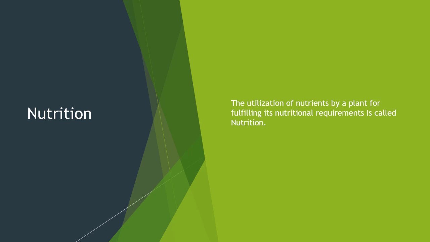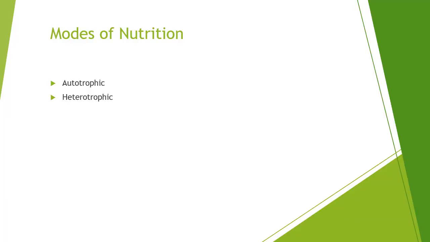So the utilization of nutrients by a plant for fulfilling its nutritional requirements is called nutrition. So you see this word nutritional requirements. The plant has some nutritional requirements, so for fulfilling that, it takes in the food, and the utilization of the nutrients is known as nutrition. So we have learnt about nutrition.